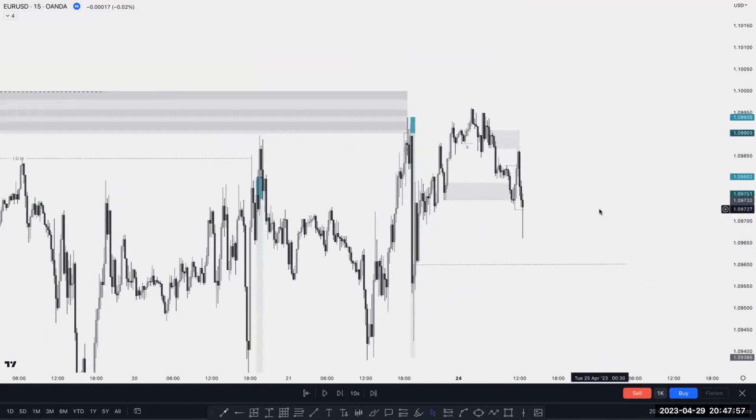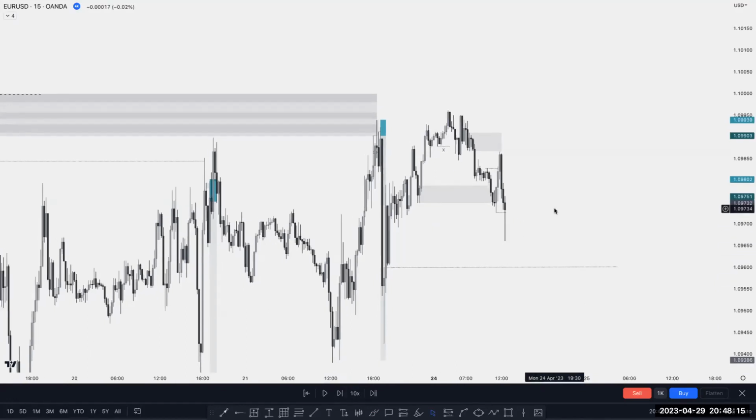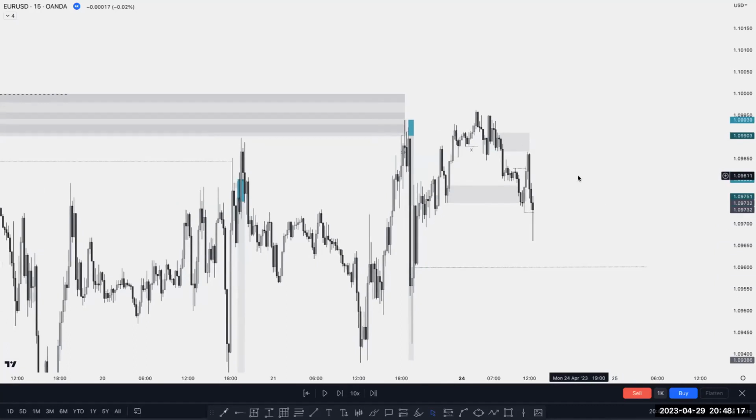Okay, so this is our extreme PY, and this one, our previous structure low, is swept here. So how can you anticipate the next move? You can simply take entry here based on single candle order block mitigation, right?